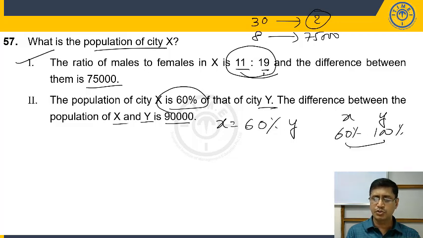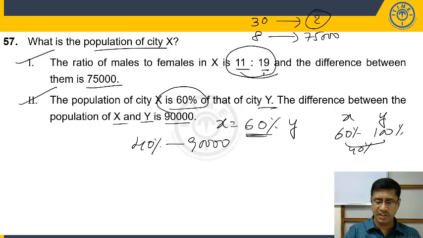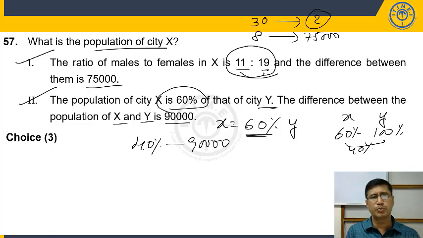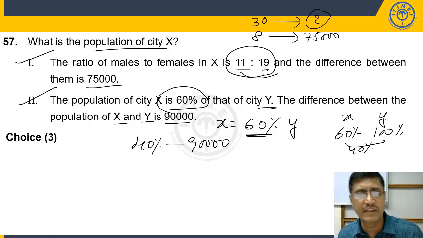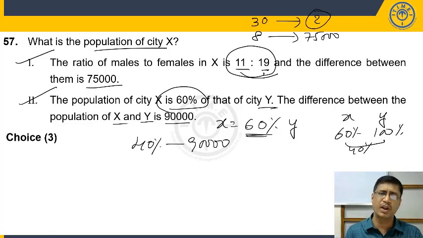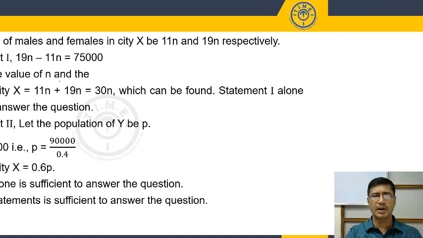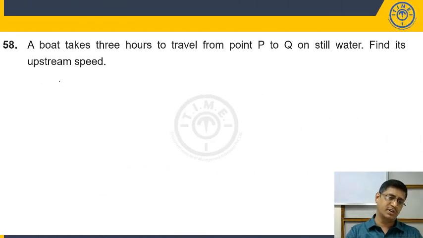The difference between these two is 40%. The 40% value is equal to 90,000. Then what do we need to find? The X value. X is equal to 60%, question mark. So we can answer the question with statement 2 as well. It is possible to answer the question by using either of the two statements. Either statement 1 or 2 alone is sufficient to answer the question. So the right choice is option number 3, the third choice.